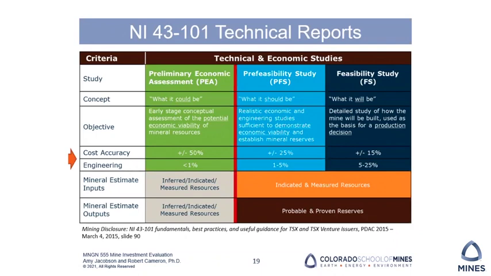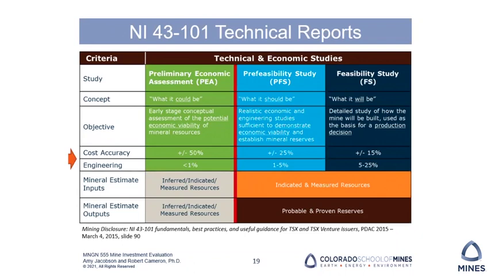If we look at a pre-feasibility study, you're narrowing that range down to plus or minus 25%, or 750 million to 1.25 billion. Whereas with a feasibility study, your accuracy is even better, plus or minus 15%.